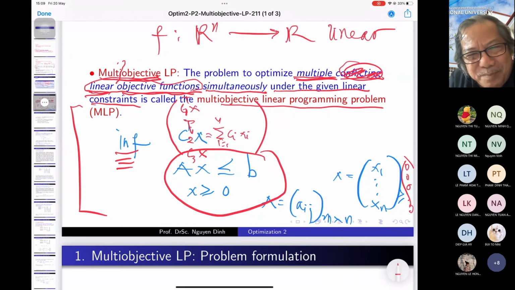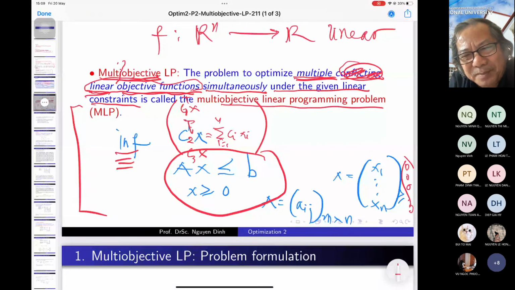You learned a course of 4 credits about linear algebra. Tuấn Anh, can you tell me what is the linear function here, from R^n to R? So what is the form? Tuấn Anh also studies decision making.